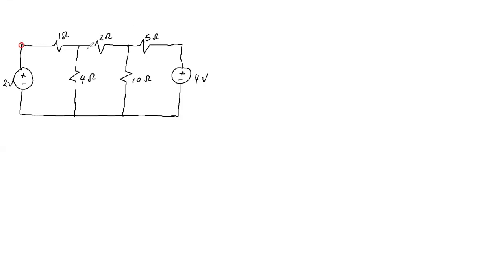So the first thing to do is to identify the nodes. So we have a node here. These are points where elements are connected together. This is also a node. Okay. Then we also designate the reference node.